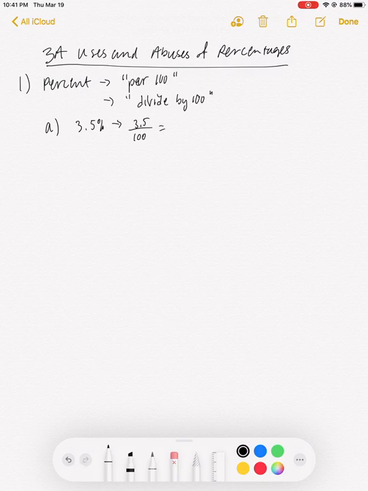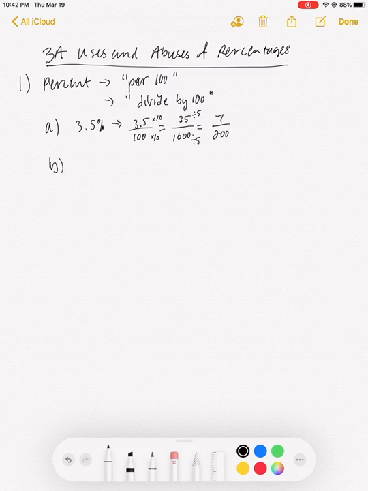There are no decimals in a fraction, so we multiply both the numerator and the denominator by 10. That gives 35 over 1,000. So 3.5% is the same as 35 over 1,000. Then we divide the numerator and denominator by 5, which gets 7 over 200.